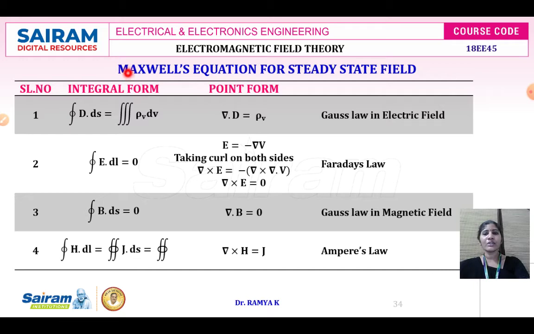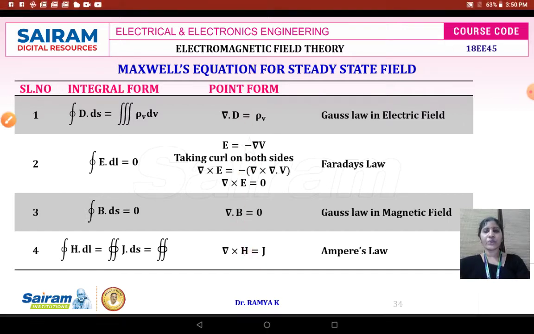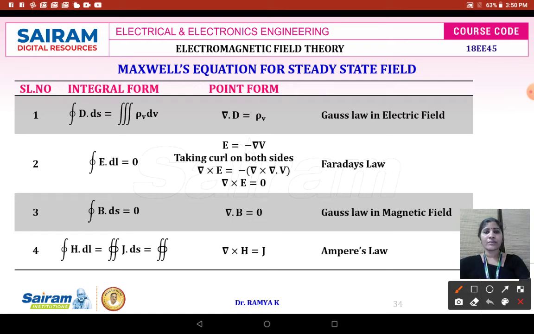You can see here the integral form of the equation is shown over here and the point form of the equation is shown over here. And the law we are going to use for identifying the Maxwell's equation is written on the right hand side. The first two equations are Maxwell's first equation and second equation in electrostatics. So this is only under electrostatic condition.